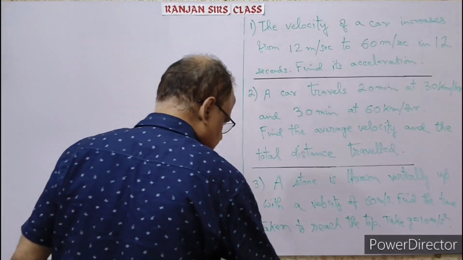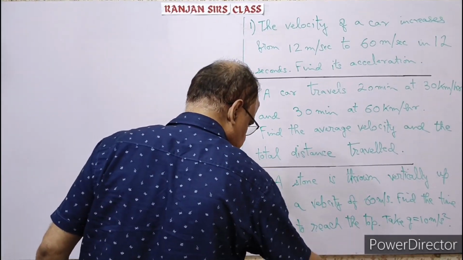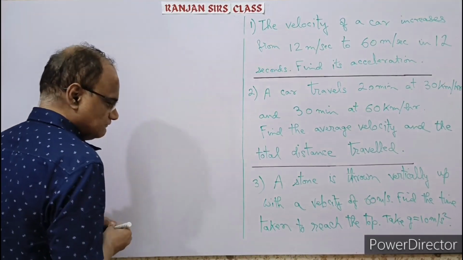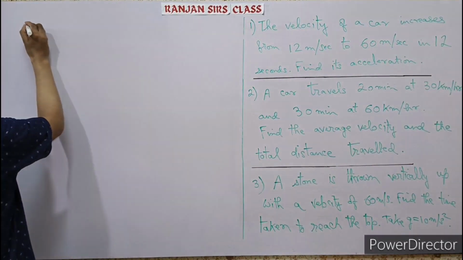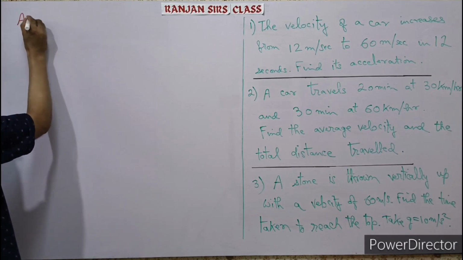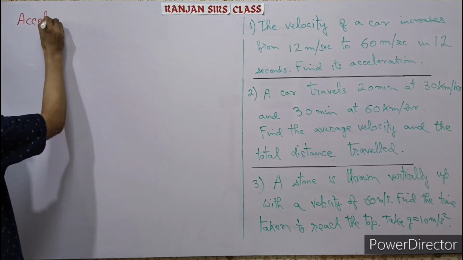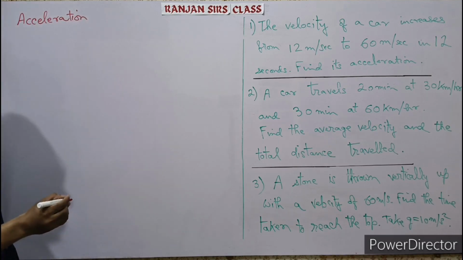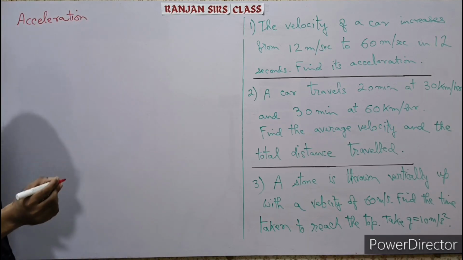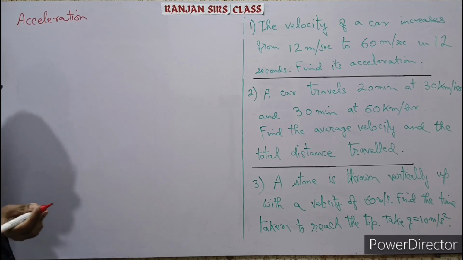Okay kiddos, now look at the board. First of all, we will be defining what is acceleration. Write down what is acceleration. Acceleration is nothing but the change in velocity of a body divided by time.